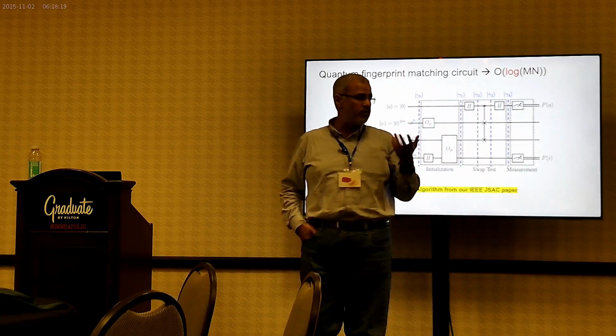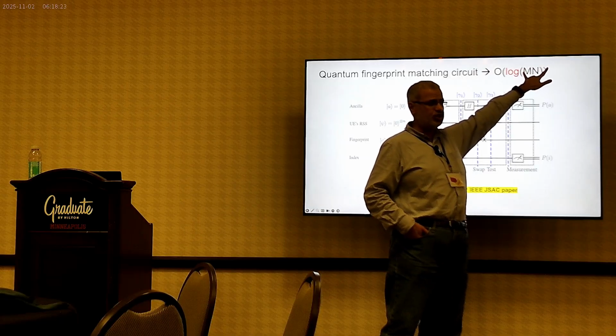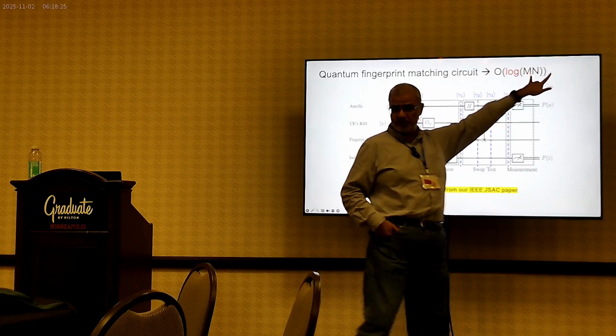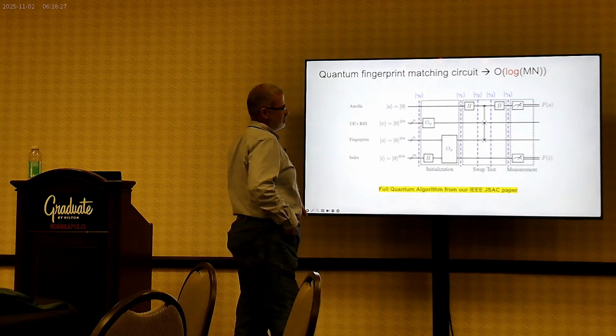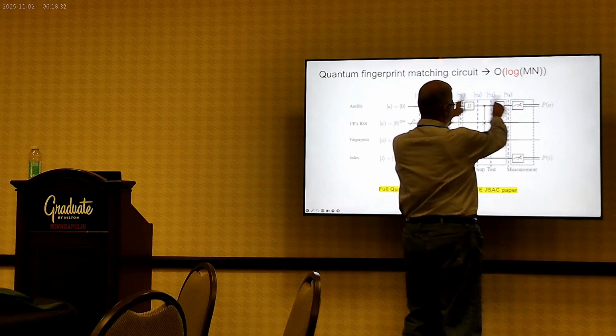So using a quantum algorithm, you can be logarithmic in both, which is, of course, an exponential saving in running time. But just for the sake of simplicity, we'll just focus on this part of the circuit, of the algorithm.